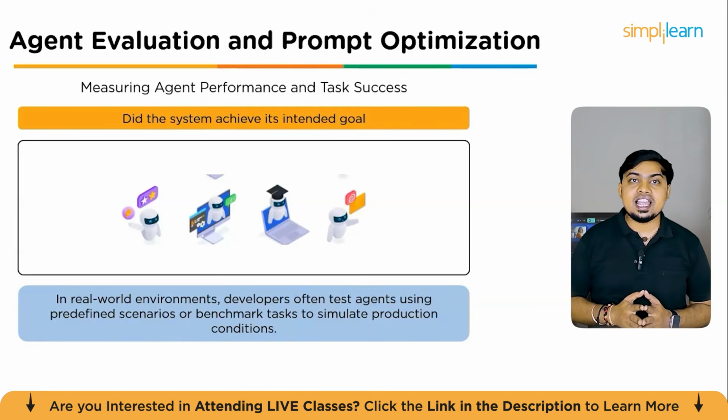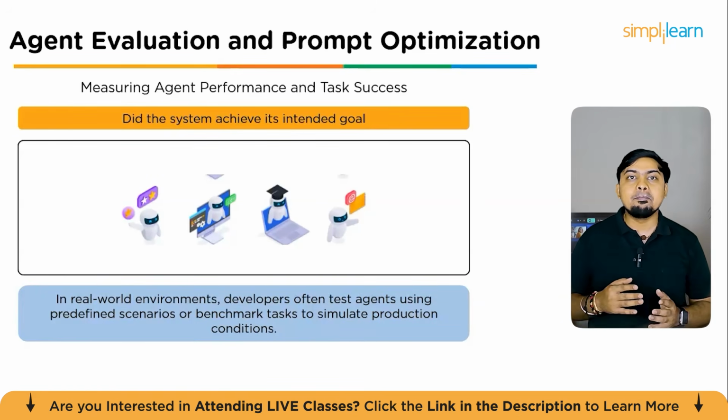We might evaluate the accuracy of the outputs, the number of steps taken to reach a solution, whether tools were used correctly or not, and how much time or cost is involved in execution. In real world environments, developers often test agents using defined scenarios or benchmark tasks to simulate production conditions. This allows us to identify weaknesses before deployment.